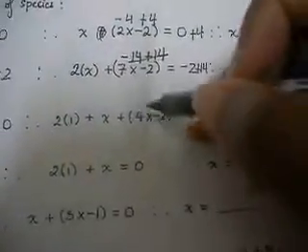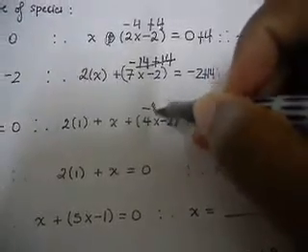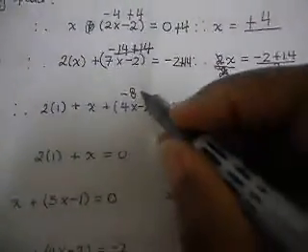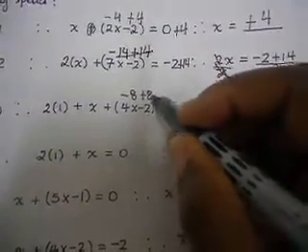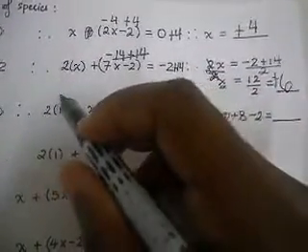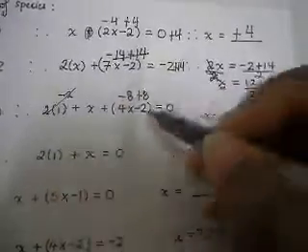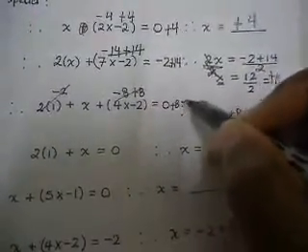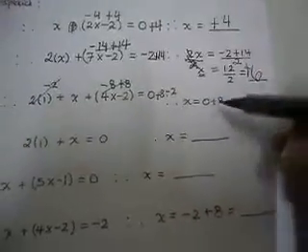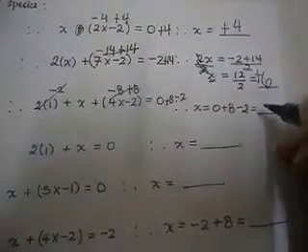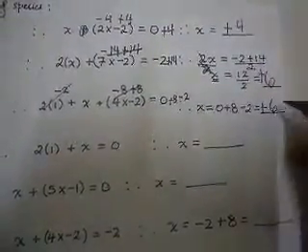Now we know that 4 times negative 2 is negative 8, right? So we would have now x is equal to 0 plus 8, because we have the negative 8 here, right? And this would be plus 2, with minus 2, because we need to get rid of this, and everything we do on one side, we do on the other side, which is what we did. So 8 minus 2 is equal to, you got it, plus 6.